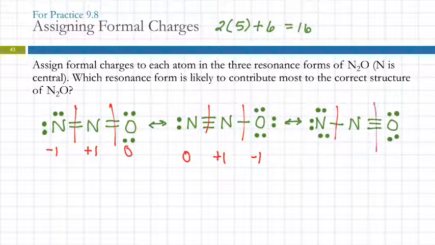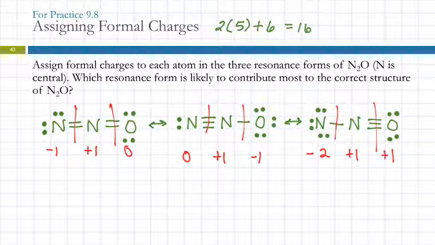I'll do this one over here. Nitrogen brings 5. Here it's leaving with 7. 5 minus 7 is -2. Nitrogen comes in with 5, leaves with 4, +1. Oxygen comes in with 6, leaves with 2, 4, 5, 6, 7. Yeah, -1.